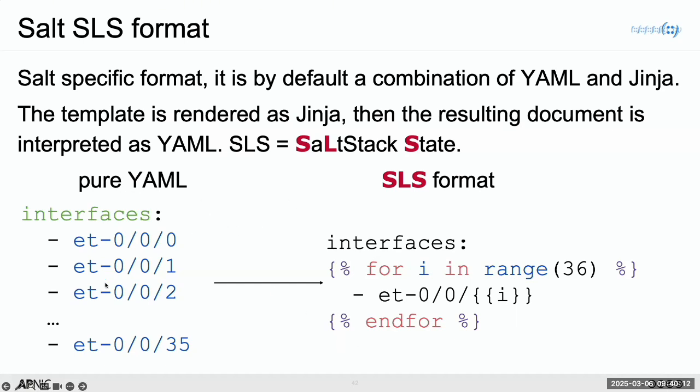So this is how pure YAML will look: we have the list of interfaces, and we can have a loop which can go through it and read through the different interfaces there.